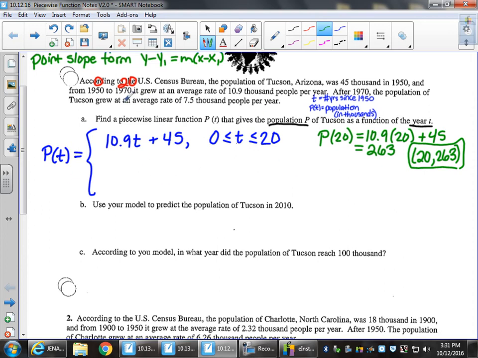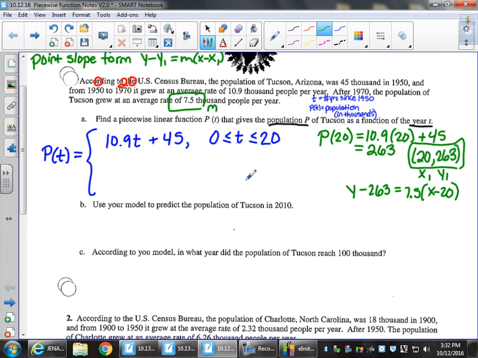My next piece, it says, after 1970, the population of Tucson grew at an average rate of 7.5 thousand. This is going to be the slope, m, that we use in point-slope form. So we're going to use this slope and this point in point-slope form. So this will become y minus 263 equals 7.5 times x minus 20.